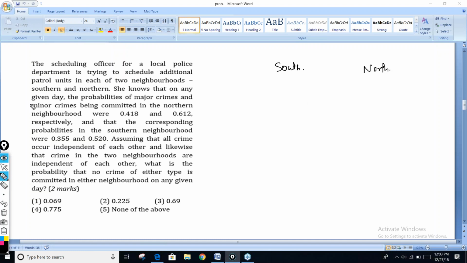She knows that on any given day the probabilities of major crimes and minor crimes being committed in the northern neighborhood were 0.418 and 0.612, and that the corresponding probabilities in the southern neighborhood were 0.355 and 0.520. Assuming that all the crimes occur independent of each other, and likewise that crimes in the two neighborhoods are independent of each other, what is the probability that no crime of either type is committed in either neighborhood?